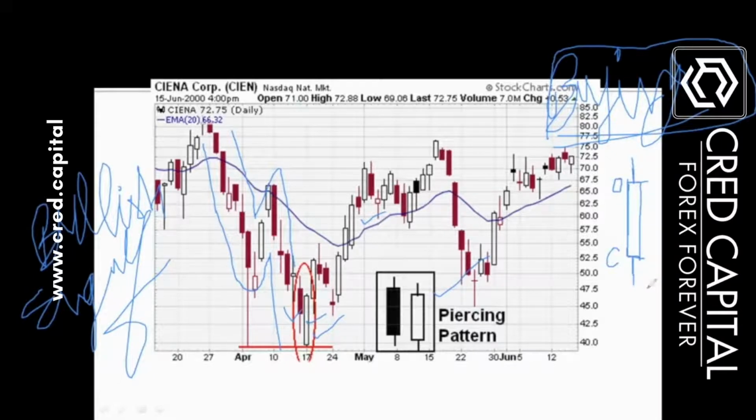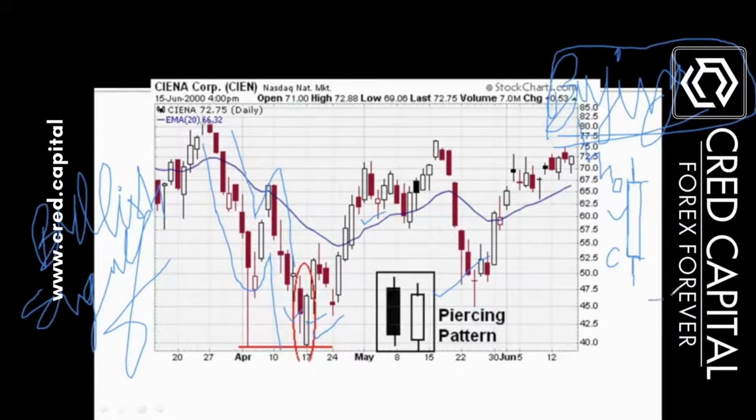Apart from that, when the buy candle is going to form, because it is a piercing pattern, so when the downtrend is going to end in the market and the trend is going to reverse, we will see a buy candle.